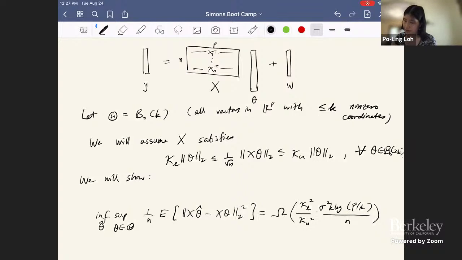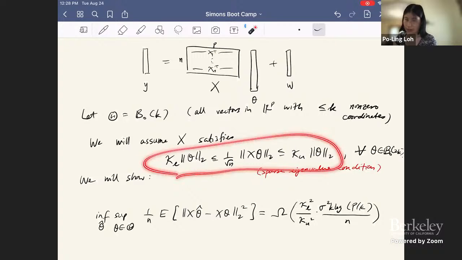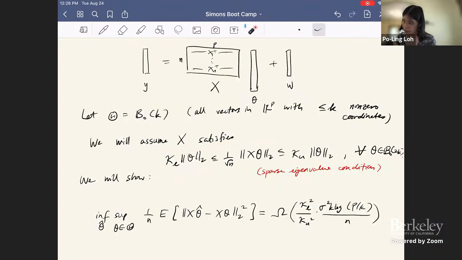Okay, so this is a sparse eigenvalue condition. Just to reiterate, our parameter space of theta is just the k-sparse vectors, but we have a fixed design x, and we assume that our fixed design matrix has these upper and lower eigenvalues that are bounded.